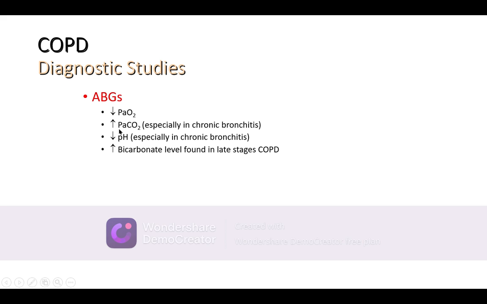The pH is reduced because carbonic acid is forming more and more as a result of carbon dioxide retention. There will be respiratory acidosis, which should be compensated by the bicarbonate level.